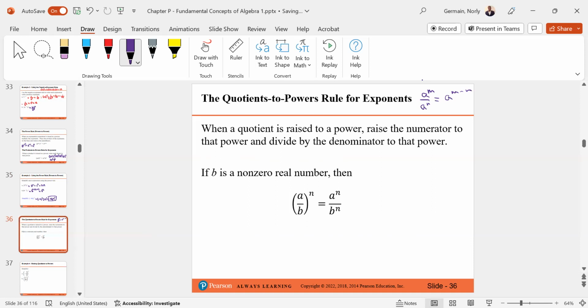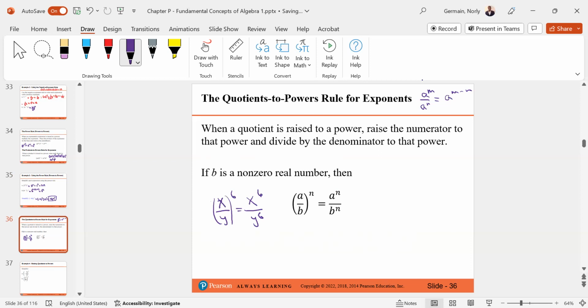Now, when we have different bases, like x over y to the power 6, you're going to have x to the power 6 and y to the power 6. You distribute that exponent. But it could be something different, and we're going to see that.